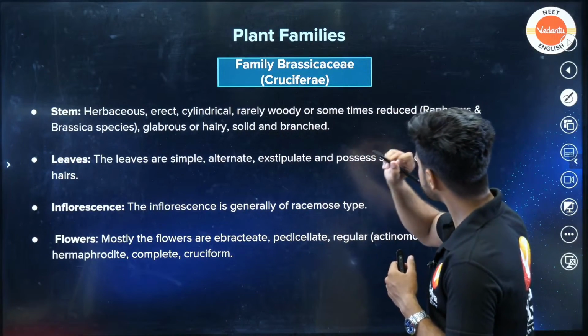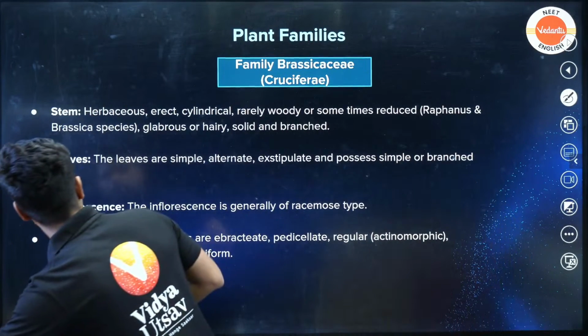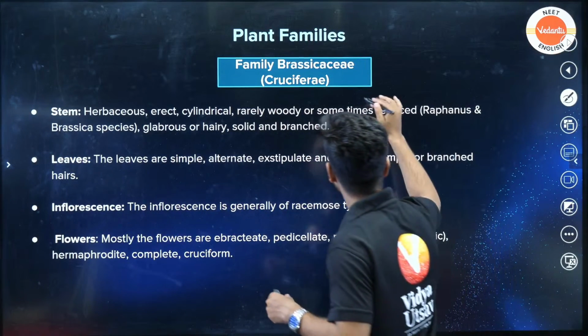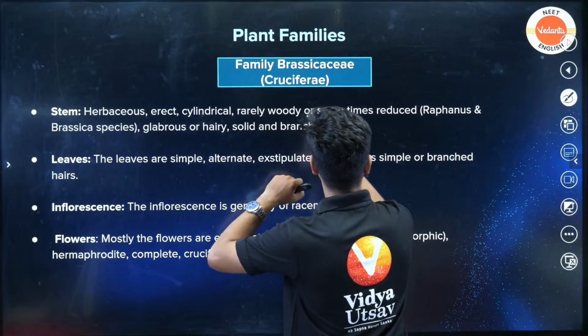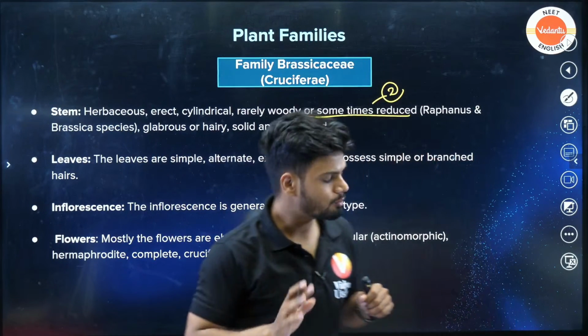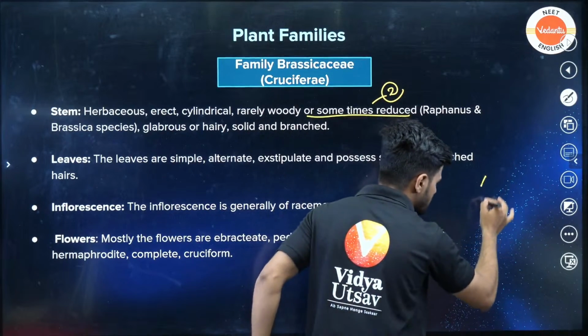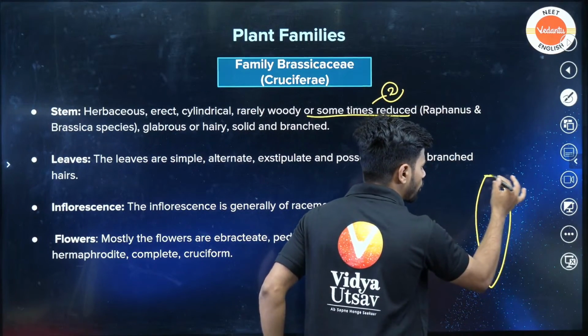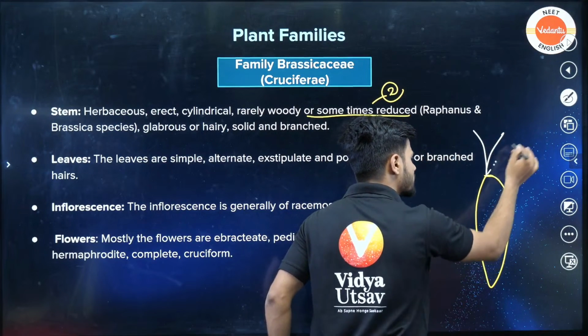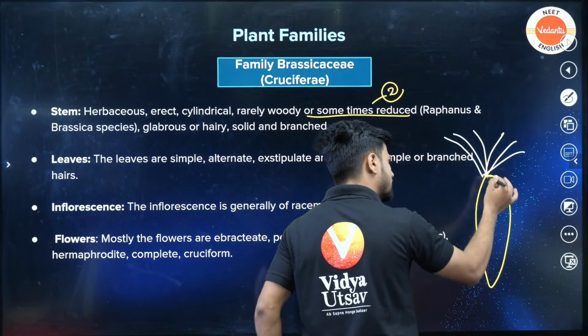Now, second point here. Again modification, stem modification. You might have noticed, this is your radish. All of you eat radish? No, sir, don't like radish. If this is your radish, when you get it from the market, does it have leaves like this?